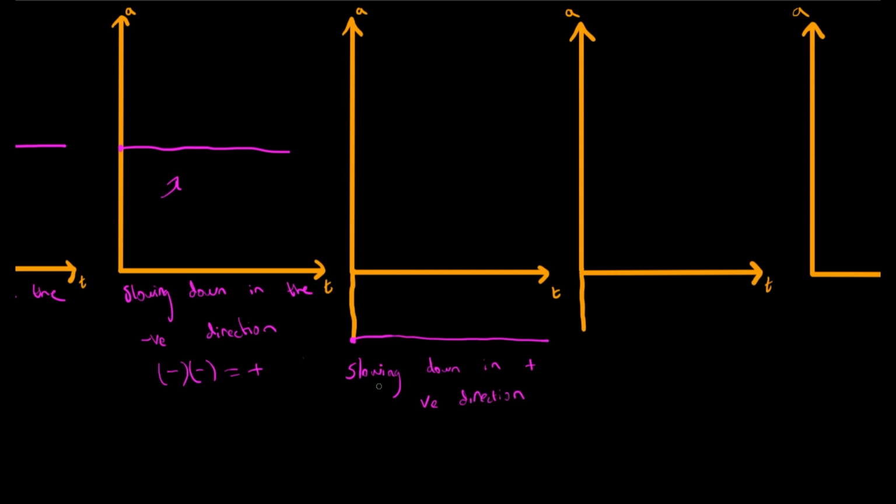Now, as you know, slowing down is negative, and plus V direction will be a positive acceleration, and negative times positive gives you negative, which is why it's in the negative quadrant.